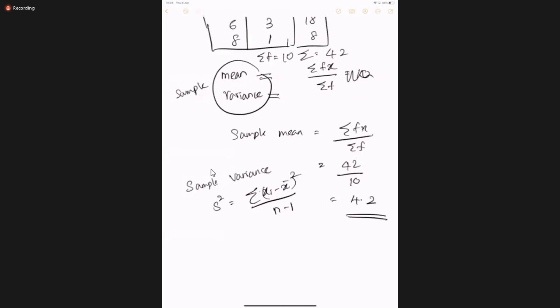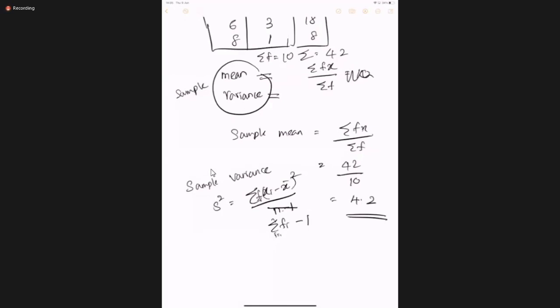Therefore, we need to put the fi term here: fi times xi minus x bar squared divided by, instead of this n, sigma fi minus 1.